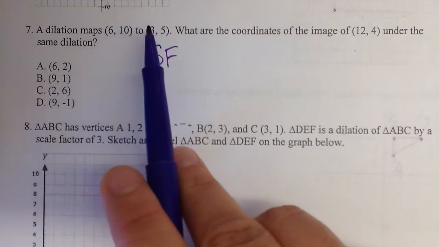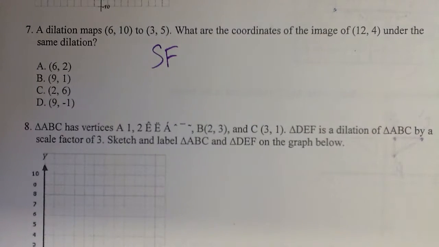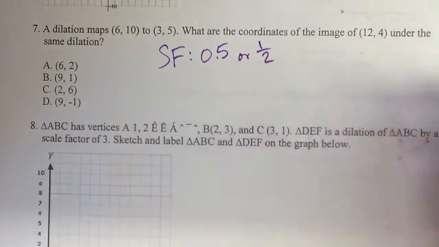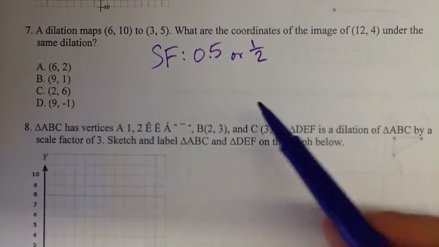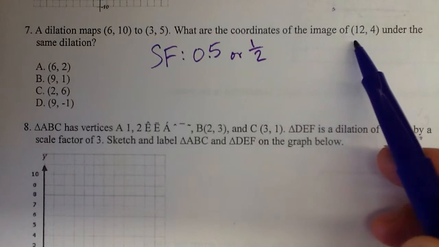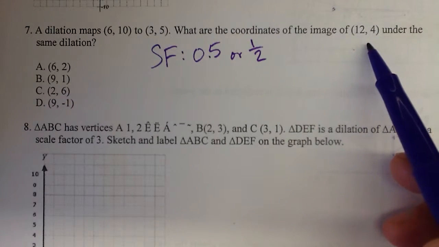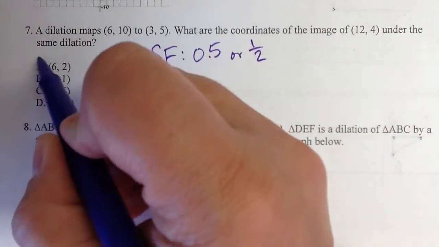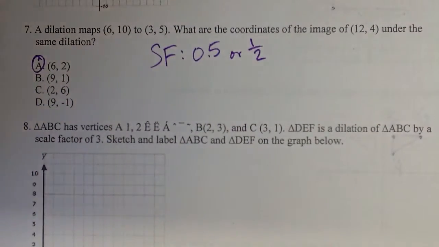To go from 6 to 3, we would multiply by 0.5, or 1/2. Okay? So then we would take that and multiply it by the 12, 4. So half of 12 is 6. Half of 4 is 2. So the answer would be A. 6, 2.